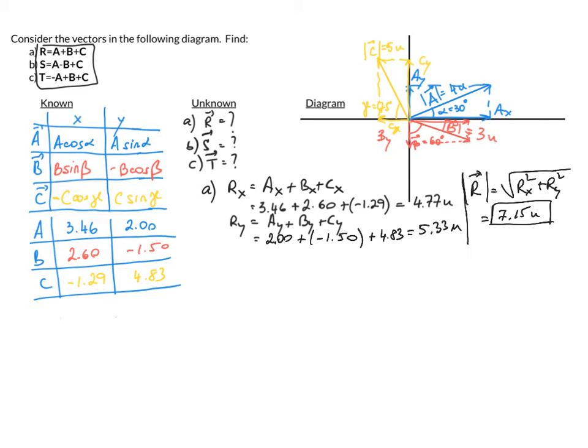Then I also need a direction. So let's call this theta sub A for part A, is inverse tangent of r sub y over r sub x. First let me draw your attention to the fact that the x component and the y component are both positive. So if I were to draw the x component, it would look something like, that's the y component, and this is the x component, a little bit shorter. So this is r sub x, this is r sub y.